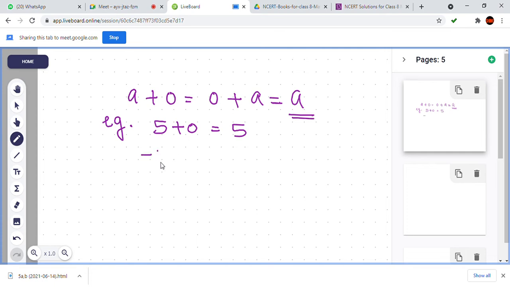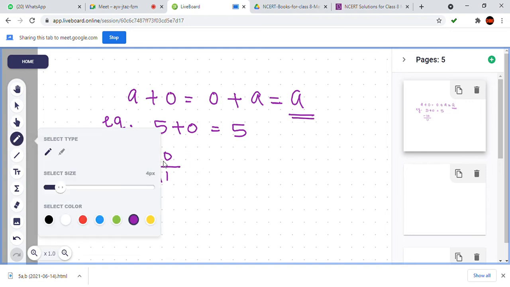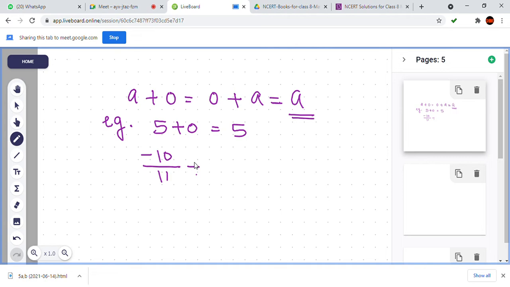If I add 0 to a rational, let us write negative 10/11 plus 0, that is also the same negative 10/11. 5 is also a rational because 5 means 5/1, which is of the form p/q. So this 0 is known as the additive identity.